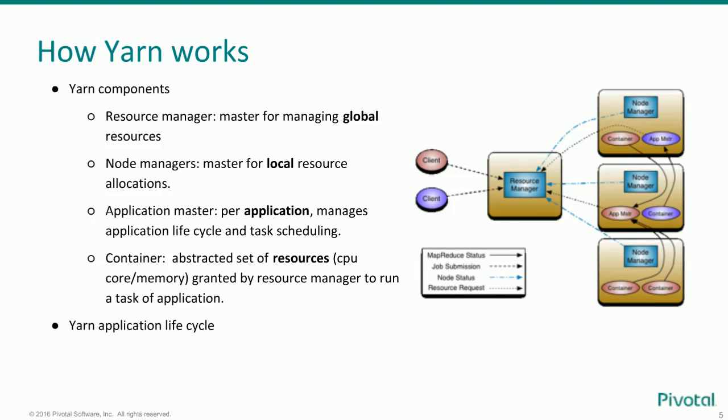Those containers are basically just a resource abstraction: some number of CPUs and some amount of memory that I have reserved to run a particular application. I wouldn't think of it like a Docker container or something like that. It's really just almost like a reservation on CPU and memory for a particular application.